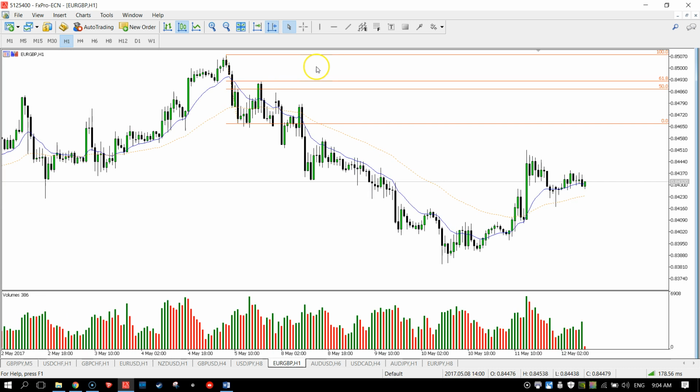So placing this Fibonacci from the high to the low of a move, for me this move starts here and it ends here. You could also say it ended here, but it already kind of started retracing in my opinion there. Now notice this green bar here.